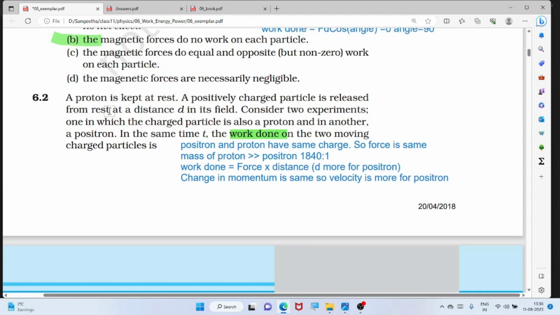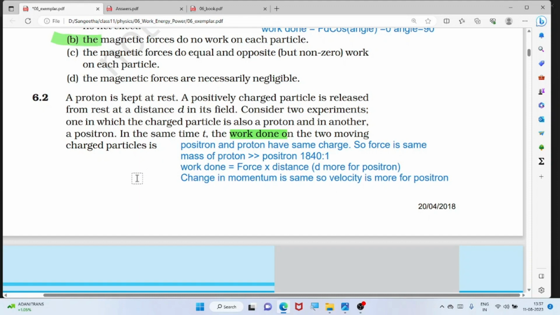A proton is kept at rest. A positively charged particle is released at a distance d in the field. Consider two experiments: in one the charged particle is a proton, in the other it is a positron.